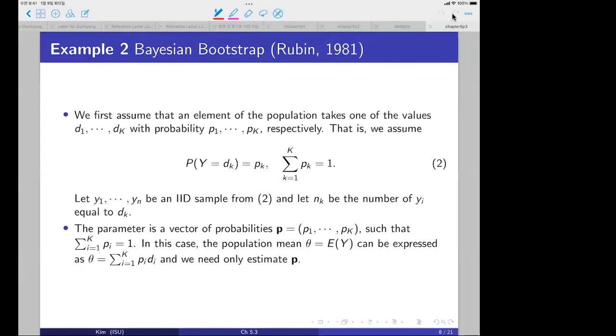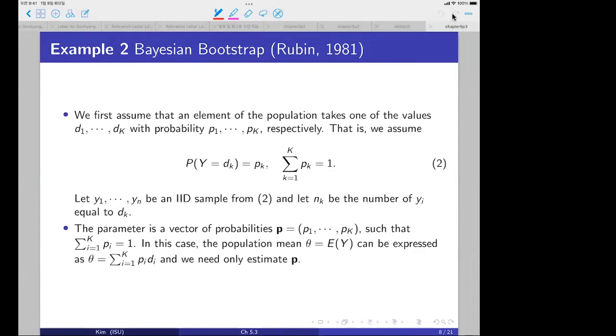Anyway, let's move on. This is a very interesting idea, and it has become a very hot research topic in non-parametric Bayesian, because it's kind of doing non-parametric inference in a Bayesian way.